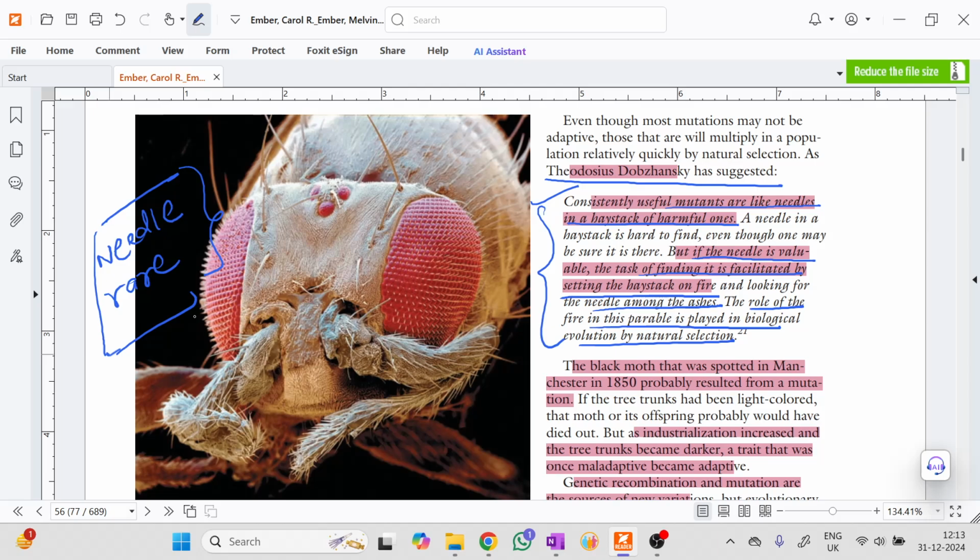If the task is difficult, it can be facilitated if you set the whole haystack on fire, which is like natural selection, because the role of natural selection is similar to setting fire on useless things or traits which are not helpful; they are eliminated.